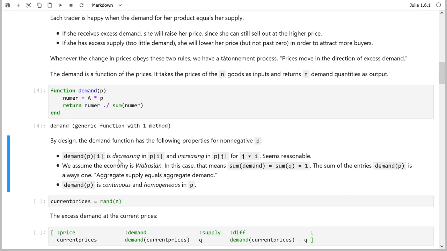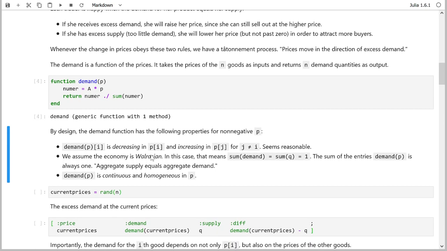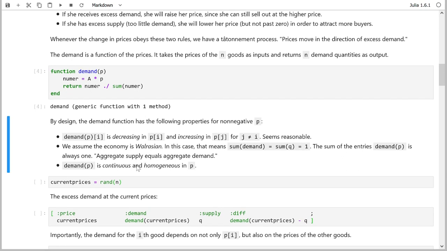So for example, if I raise my price, then the demand for my product is going to go down. That makes sense. And also, if my competitors raise their prices, then I can imagine that people will say, oh, well, that's too expensive, I'm going to buy from the original person instead, right? So my demand is increasing when my competitors increase their prices. This is fairly reasonable, right? Not completely unrealistic to expect that this will hold in a general sense.